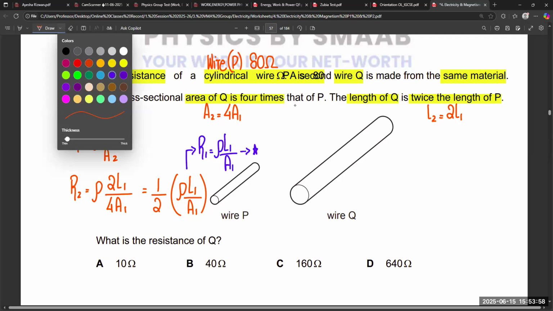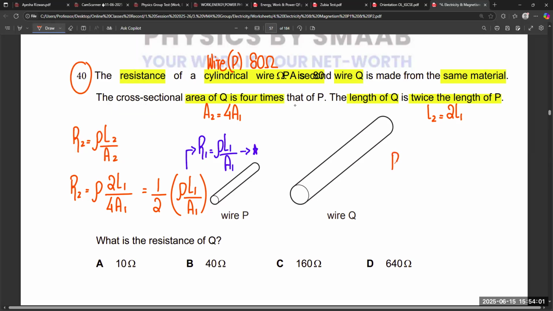So it means R2 equals R1 over 2. R1 is 80 ohms. So 80 divided by 2 equals 40. Option B. So in this way, we can solve these types of questions related to the factors affecting resistance, right?